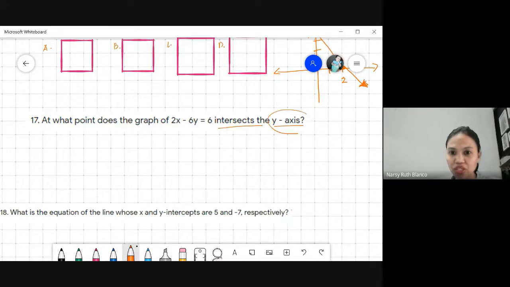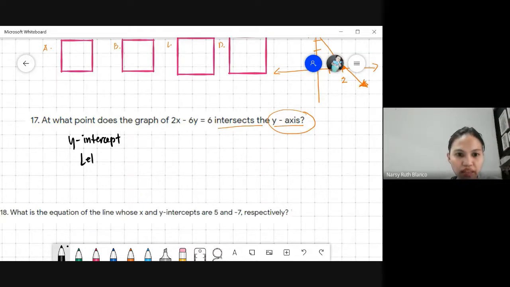So, what we are looking for is the y-intercept. We can solve for that if we let x be equal to 0. So, let x be 0 and substitute 0 there. So, 2 times 0 minus 6y equals 6. Then we solve for y.